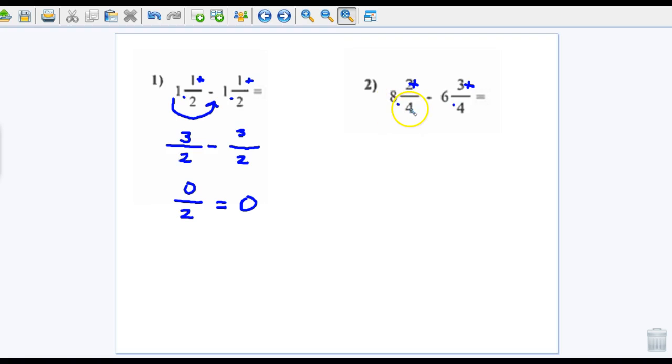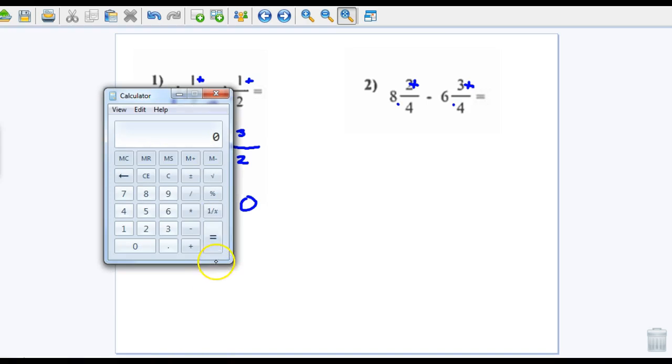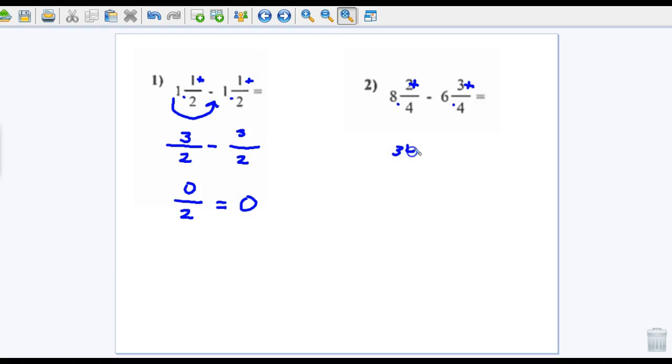So 8 times 4, what is that? In fact, let me just bring up a calculator here so that we can do it right in front of us. So I'm going to say 8 times 4 is equal to 32, and then I'm going to add 2, 32 plus 2 equals 34. So my top number is 34, and my denominator does not change.